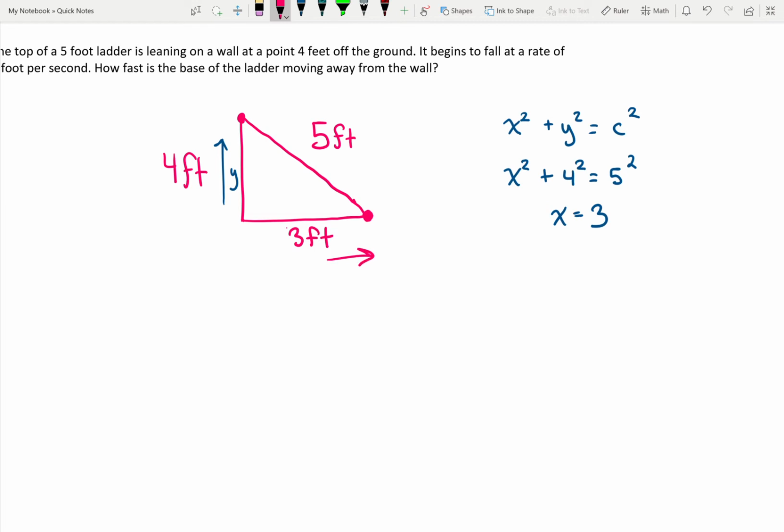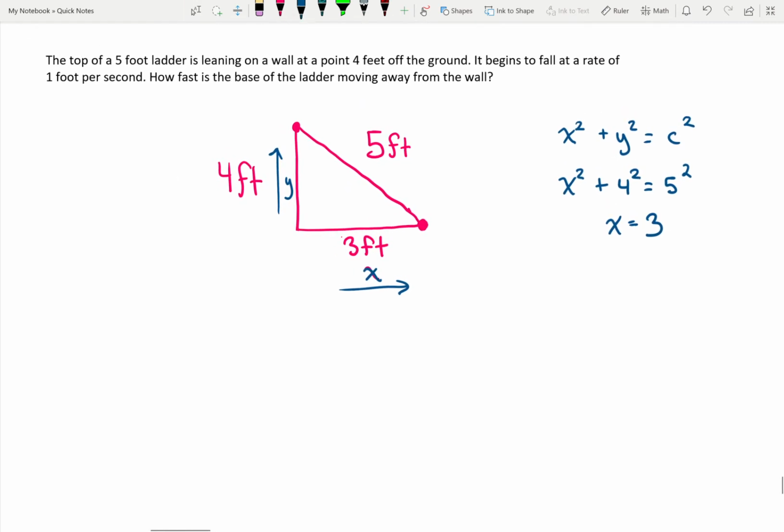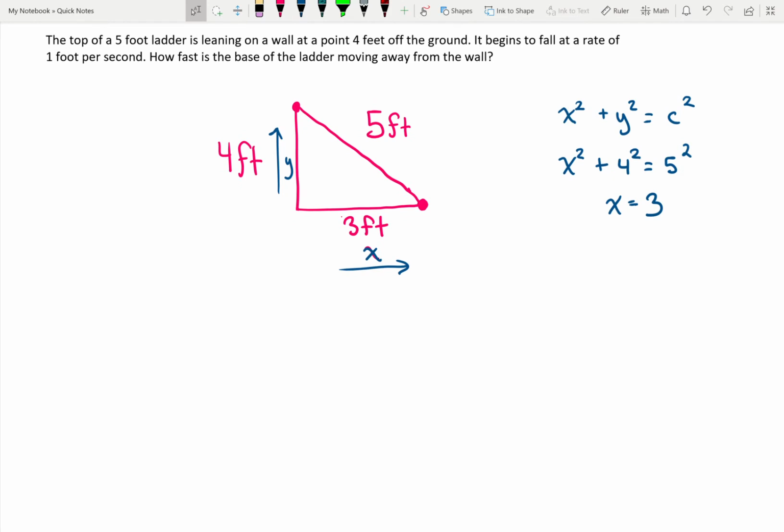Okay, so here's what you have to realize: the y component and the x component, they both change with time. The lengths of the y component and the x component both change with time. So they're actually functions of time. So what I'm going to draw right here is a little graph of each of these.